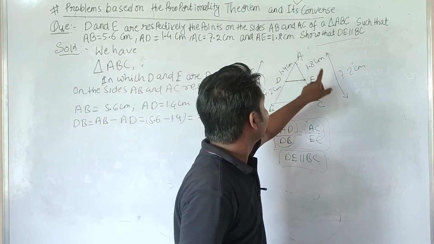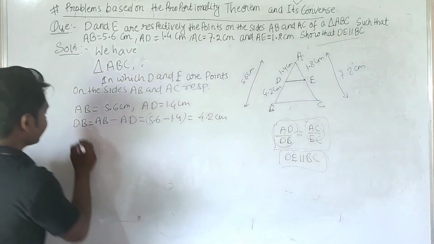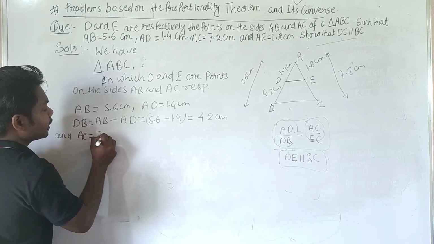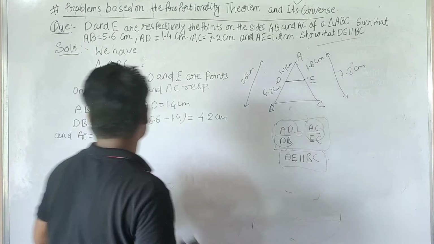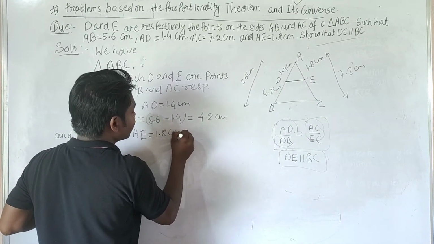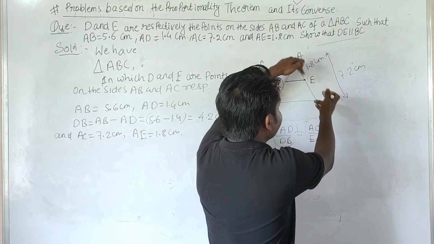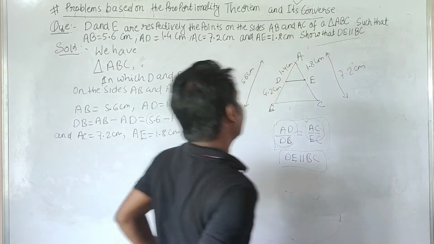Now again, AC is given, which is 7.2 centimeter, and AE is 1.8 centimeter. AC is given and AE is given, so we can easily find EC by subtracting AE from AC.